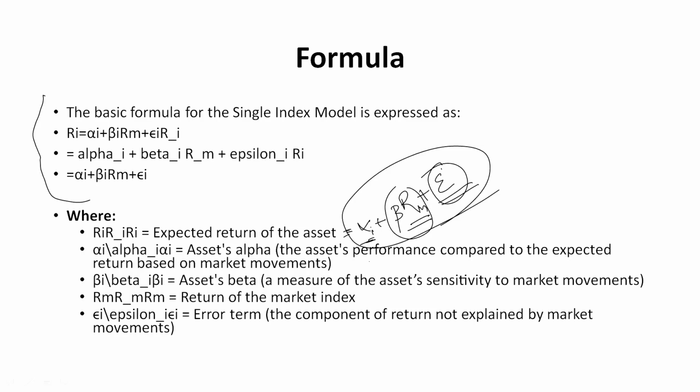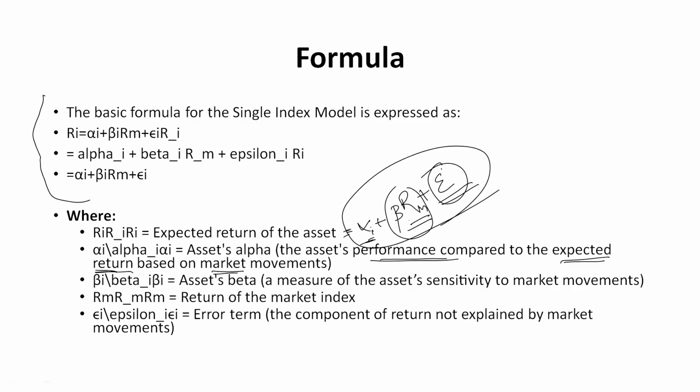Alpha of the asset is nothing but the performance of the individual asset compared to the expected return based off the expected return of the market. I am underlining the words which are important. So, this is the performance of whether this can go up, this can come down. If it is positive, then it is going up along with the market. If it is negative, it is coming down along with the market, in comparison to the market. So, that is how alpha is measured.